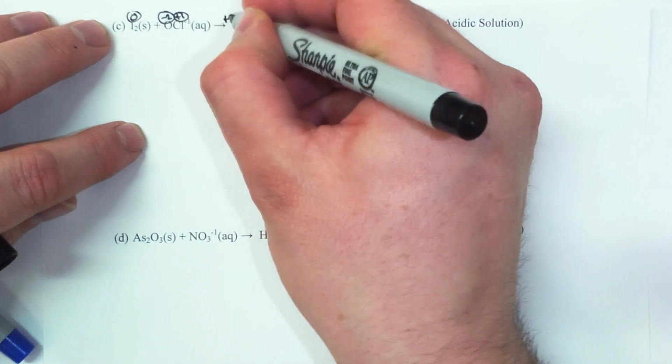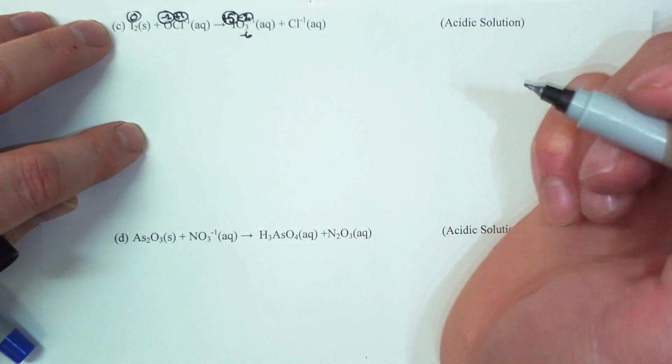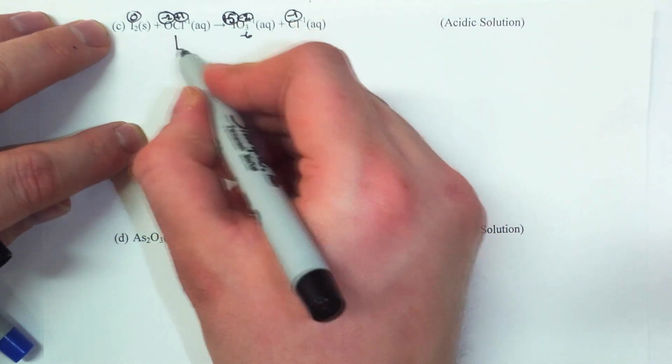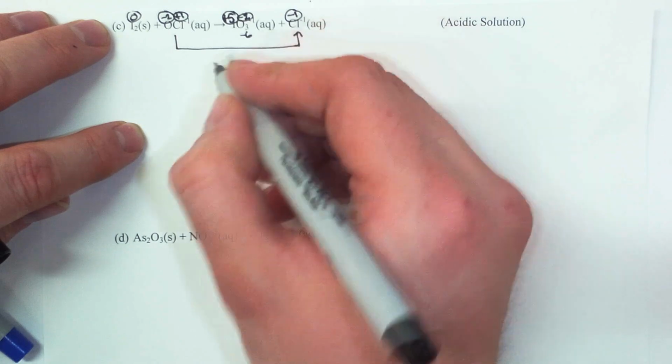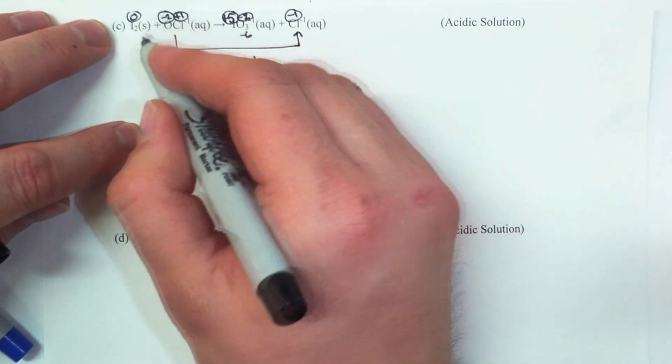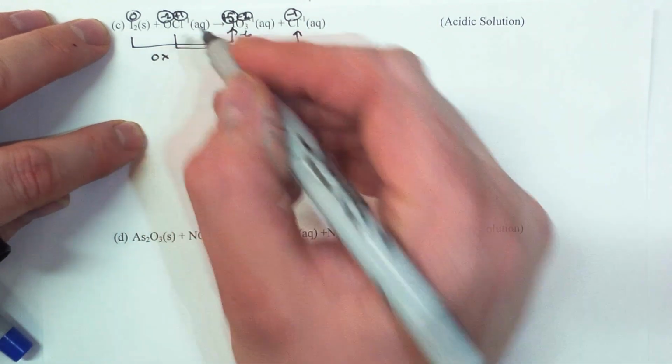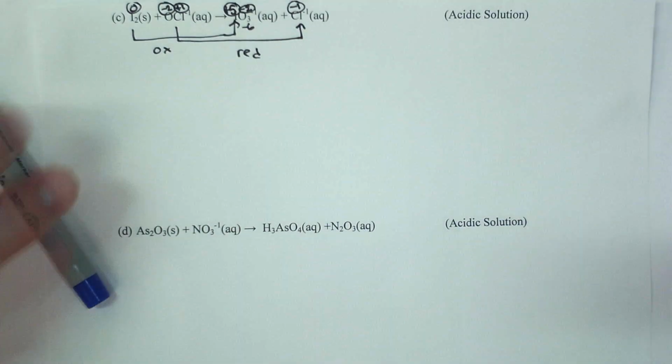So this must be +5. And -1. Chlorine is going from +1 to -1. That is a reduction. Iodine's going from 0 to +5. That is an oxidation. So we got both, so we are good to proceed.